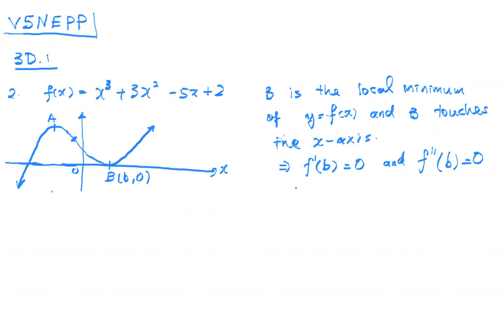So I can make a conclusion. Therefore, okay, B is the stationary, no, sorry, I cannot say that.